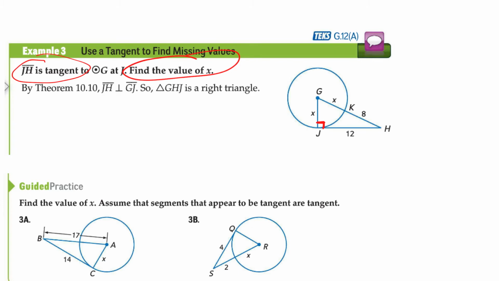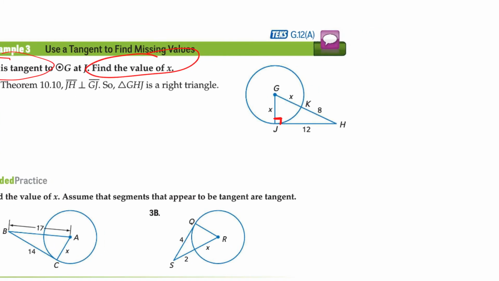How long is the A on this triangle? A is X, so we're going to have A squared plus, how long is B? 12. So A squared plus B squared equals, okay, how long is C? It's X from here to here, and it's 8 from here to here. 8x.